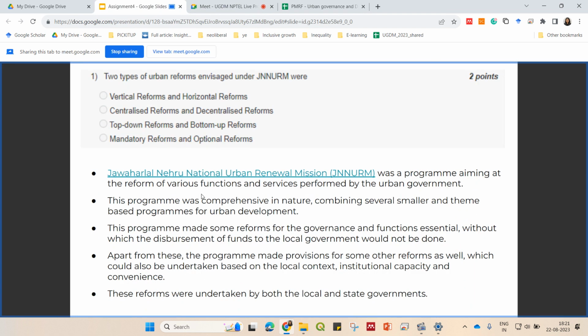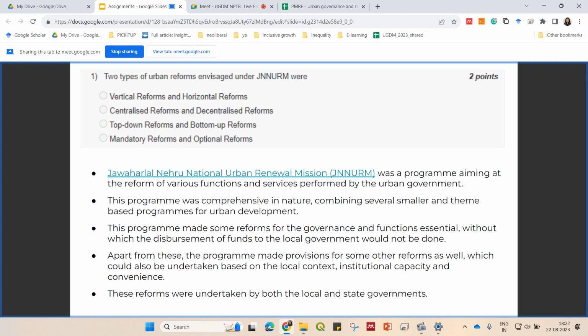This program made some reforms for governance and functions which were essential for urban local governance, but it rendered some of the functions which you can call the mandatory reforms or mandatory functions. It made it essential. If those functions are not performed by the urban local government, there would be no disbursement of the funds.